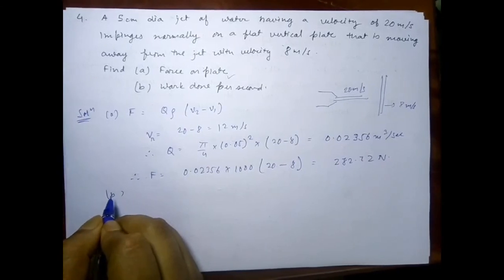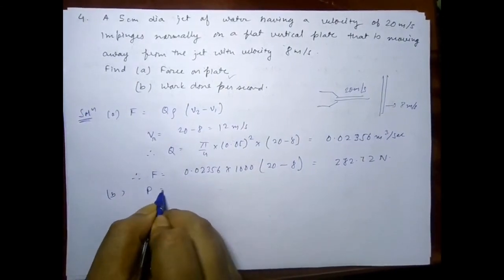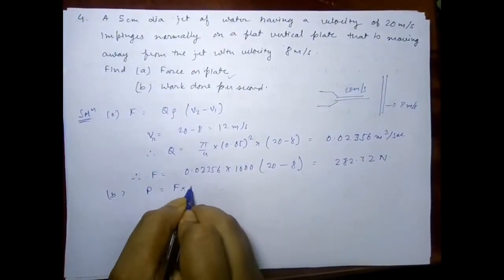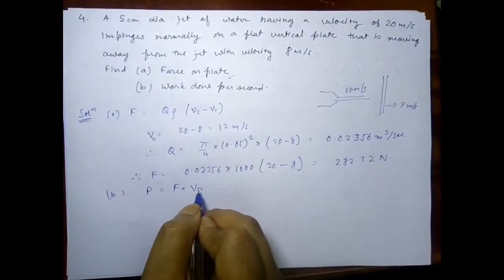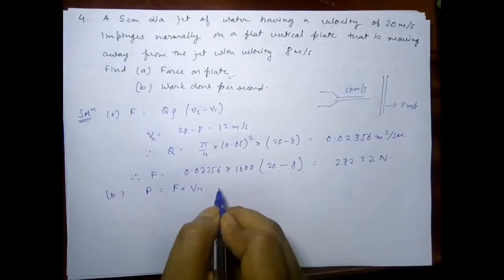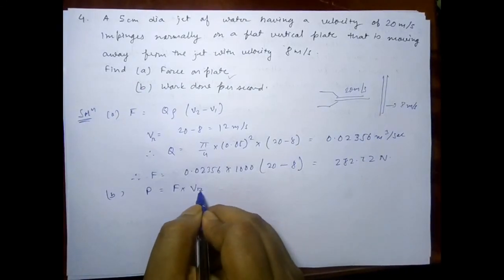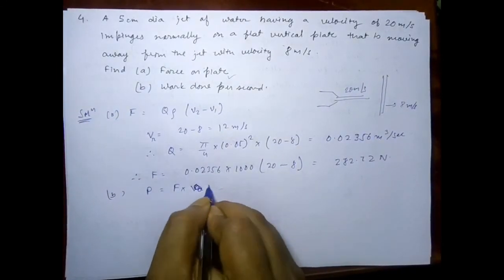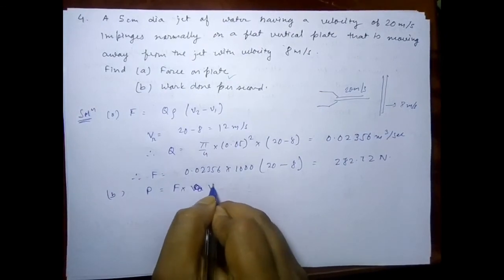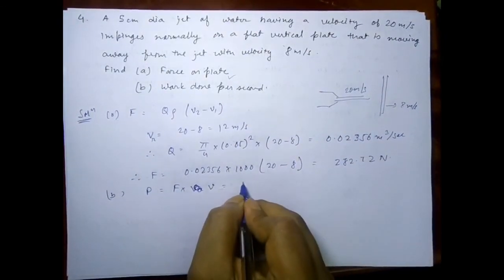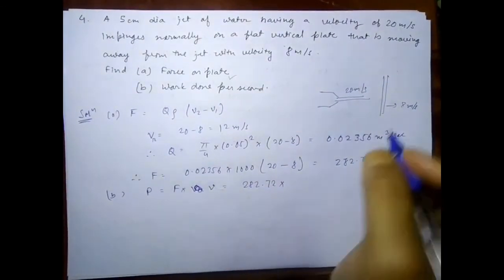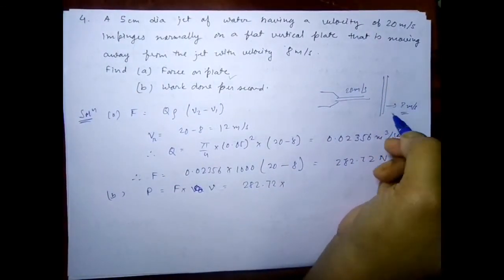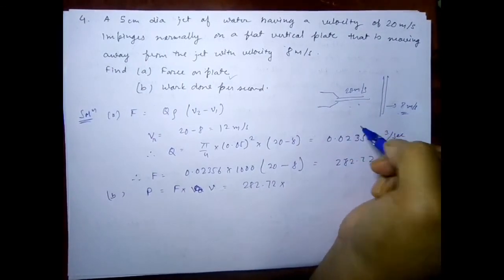Next we are asked to find the work done per second. The work done per second is basically power, and that is force times the velocity V of the plate, which will be 282.72 times 8, because the plate is moving at a velocity of 8 meter per second, so there is no use of taking the relative velocity.